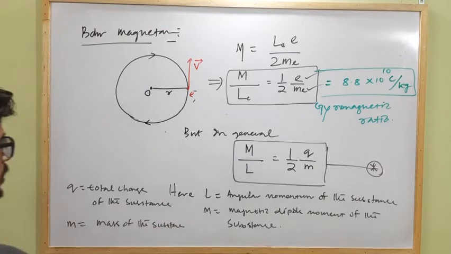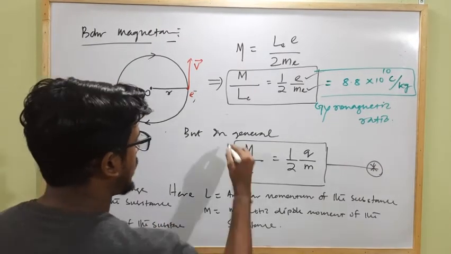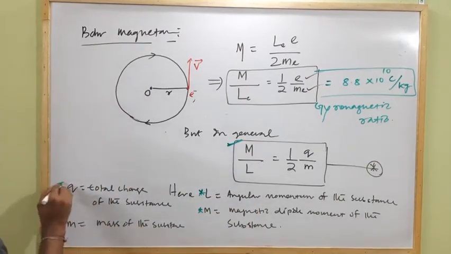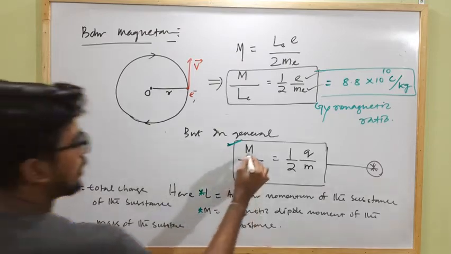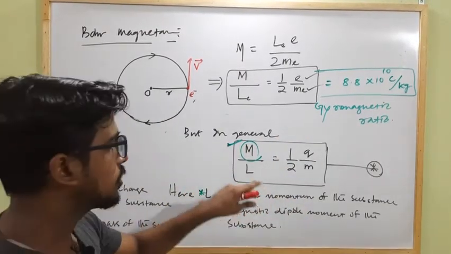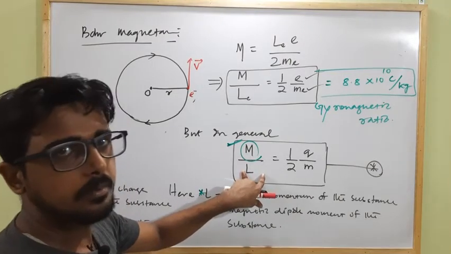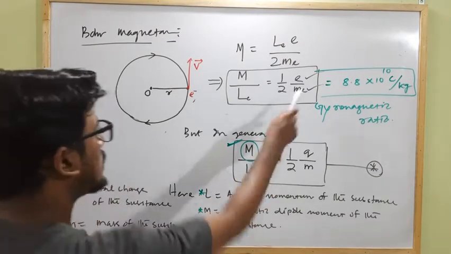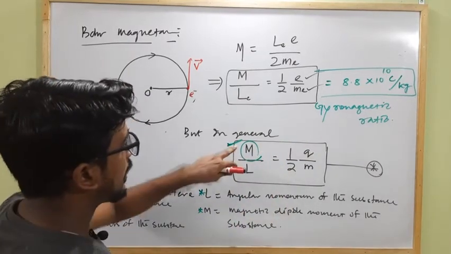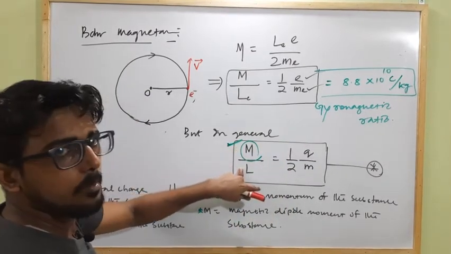Okay, you have to remember this relation. It is a very important relation. You can solve very interesting numericals regarding the calculation of magnetic dipole moment of any object whose angular momentum is given. Clear? So this is the gyromagnetic ratio, but this is the general relation between the magnetic dipole moment and angular momentum. Clear?